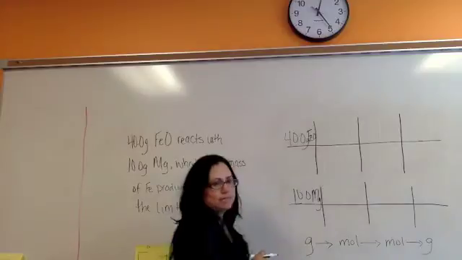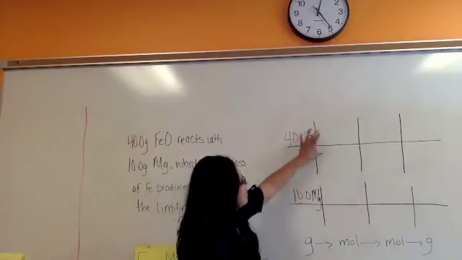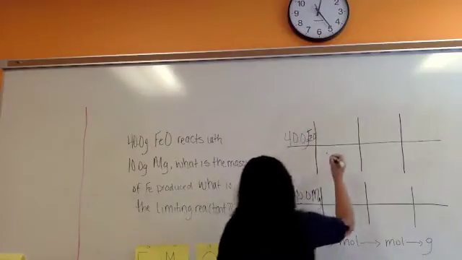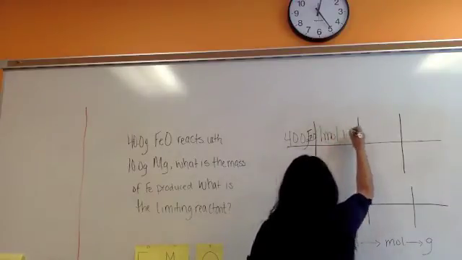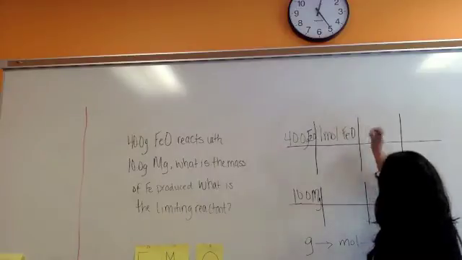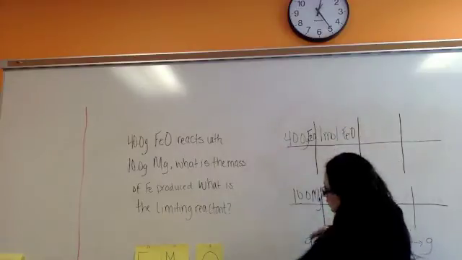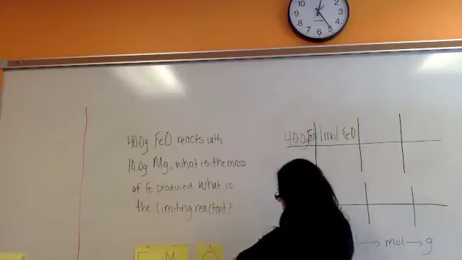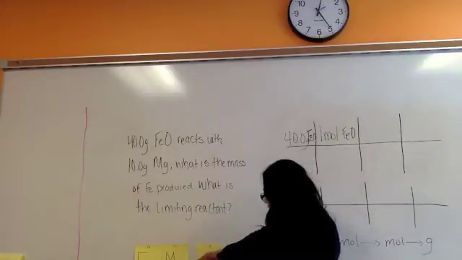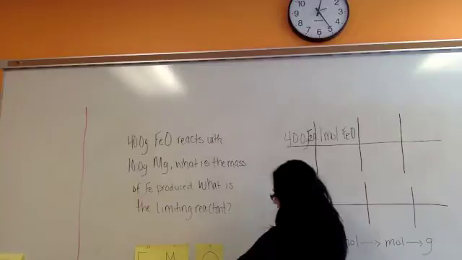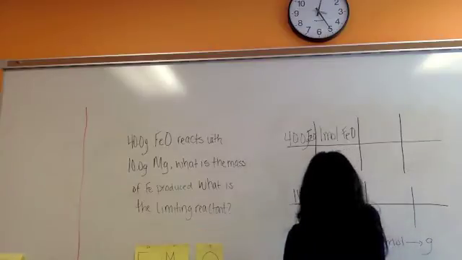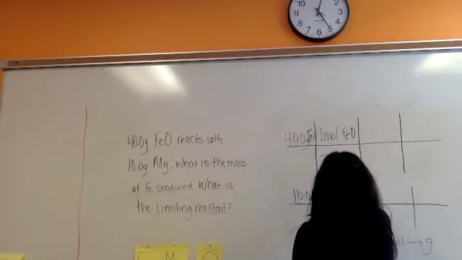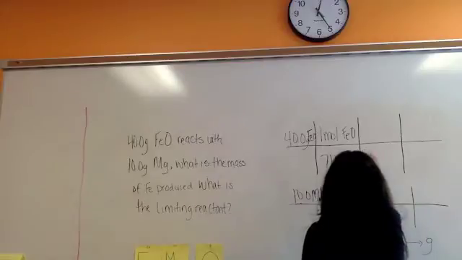Okay, then we find the unit factor, which will be the molar mass. 1 mole of iron oxide will be, as we have here on our periodic table, 55.85, which is the mass of iron, plus the molar mass of oxygen, will be 71.85 grams of iron oxide.